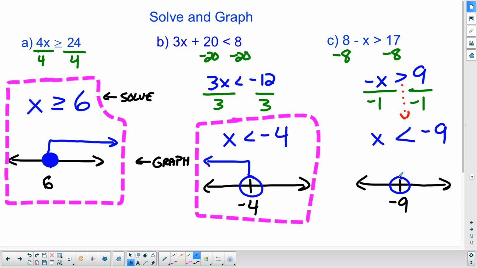Logically, what does this say right there? It says that x is less than negative. So I want numbers smaller or bigger than -9? Smaller. Which way is smaller numbers? To the left.